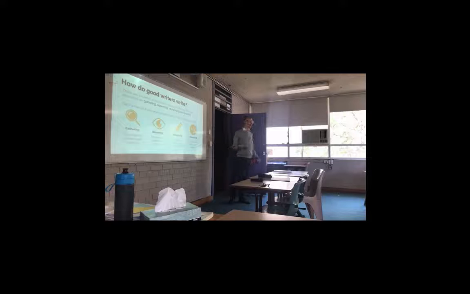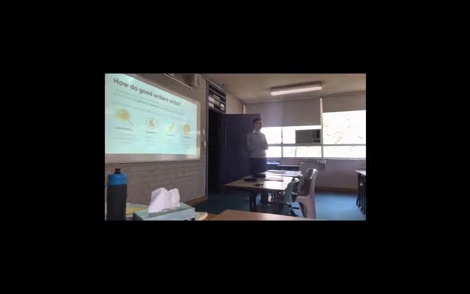Now, see if you disagree or see if there's something missing here. But I'm just going to put forward that there are four main processes that are required to be able to write well. Some students are more skilled in one or more of these than others. They may have deficiencies in one area, or they may rush over one area. But the four areas I'm going to say are, first of all, gathering what they need to write through research or knowing the field.